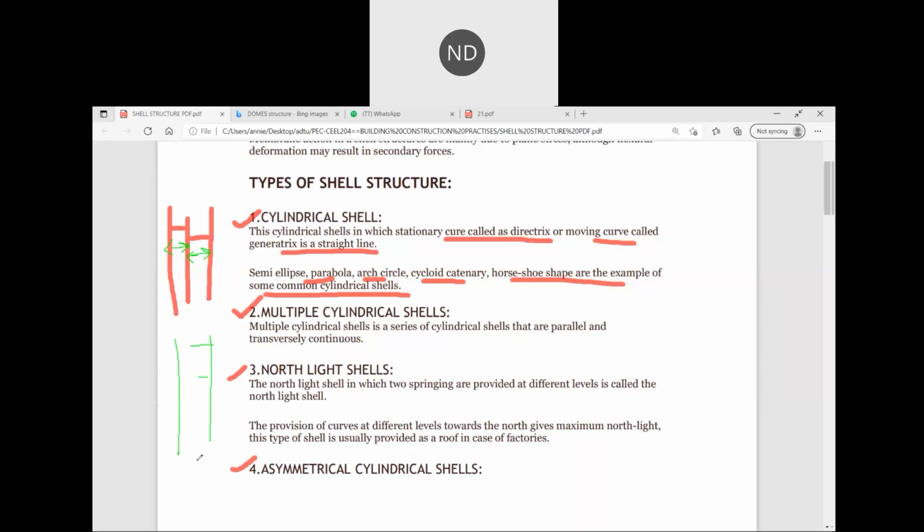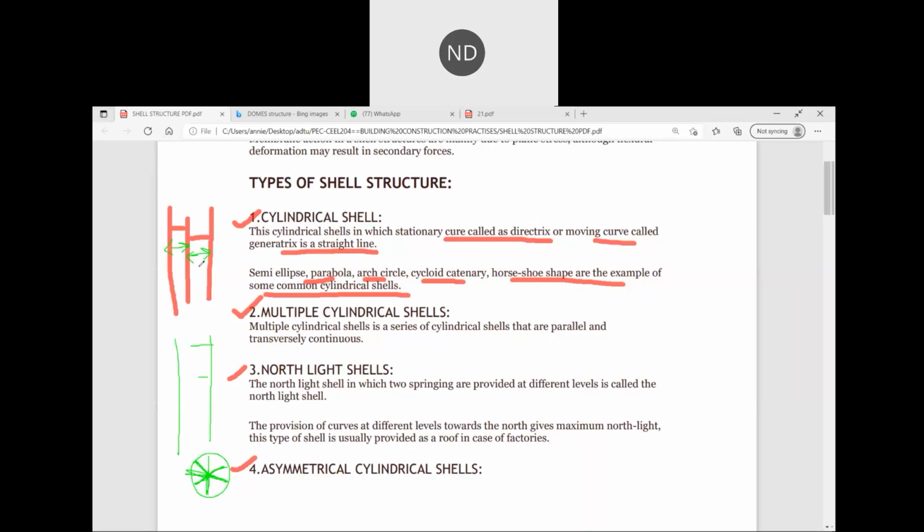In whichever direction it moves, if you see the cross section, it will be something like that. If you have this fixed point here, which is your directrix, from here to here, here to here, it is all the same. So the moving curve, when you move your curve from here to here, it is all the same straight line. This is called your generatrix. So your cylindrical shell can be parabola, arch, circle, which will always have this kind of stationary directrix or generatrix.